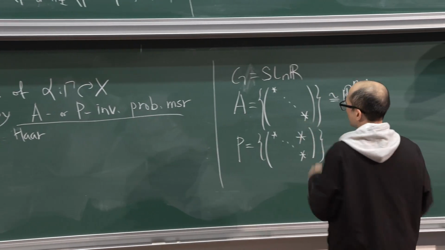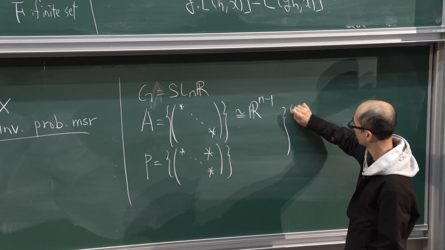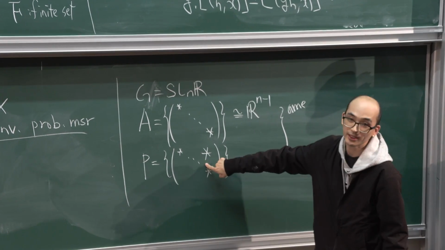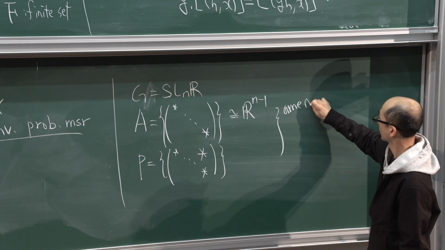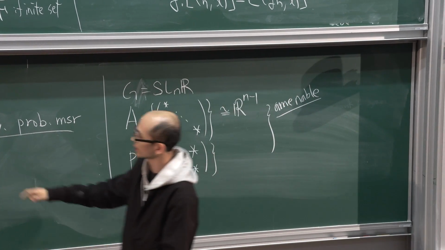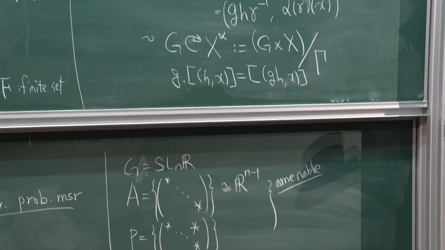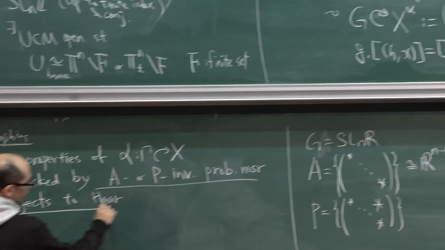SL_n(R) is too big. But if you think about A, then this is amenable. And also P is amenable. So you can easily find that there is an A or P invariant measure on the suspension. And what does it mean to project to R?